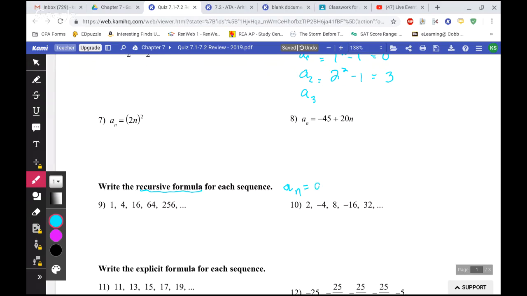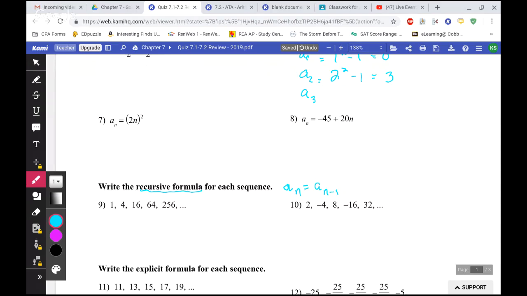So in this case, what you will typically see is a sub n on one side of the equal sign, and n minus 1 on the other side, because it has to do with the previous term.